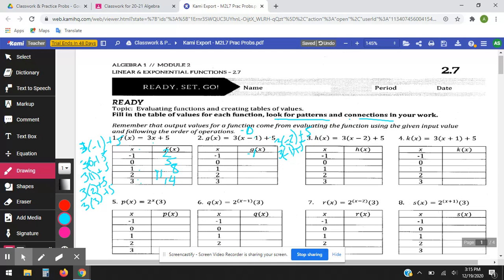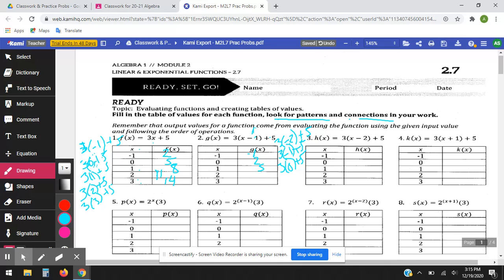Notice now I'm back over to what I did over here, and that was a 2. If I plug in the 1, 1 minus 1 is 0, so 3 times 0 plus 5. Oh, that's the same as this one over here, and so that is now a 5.